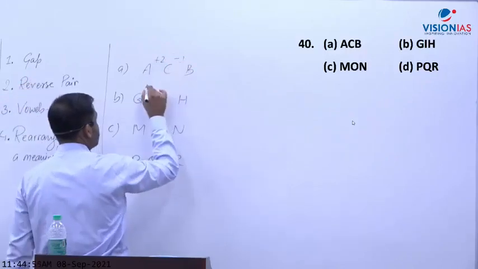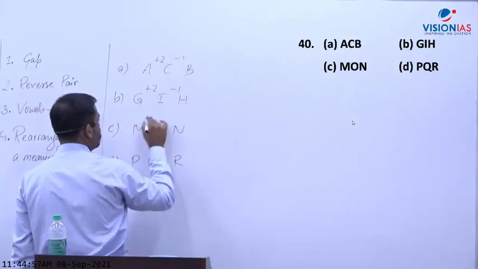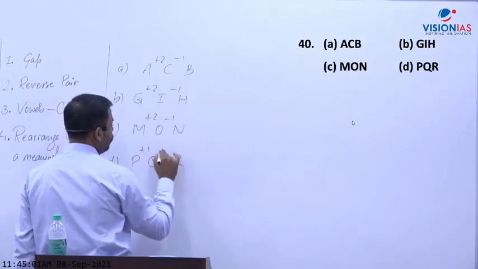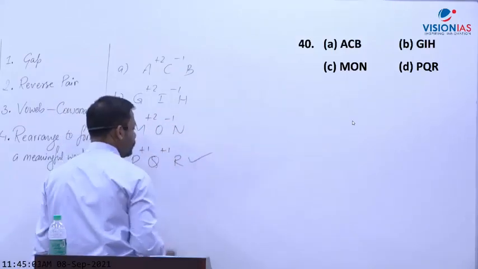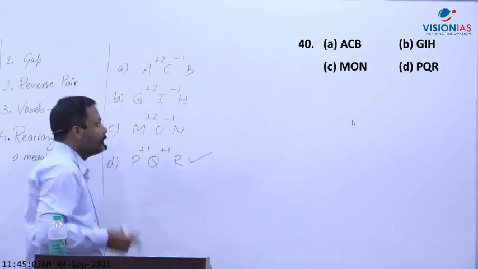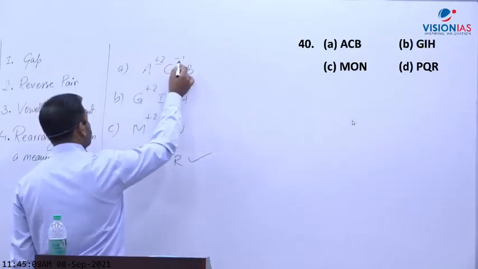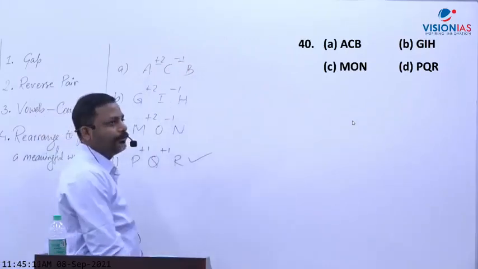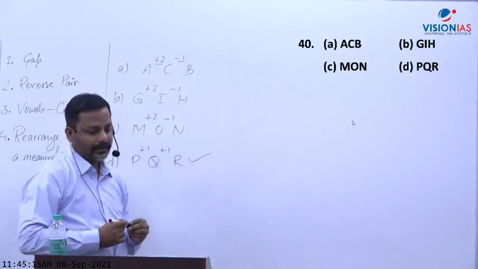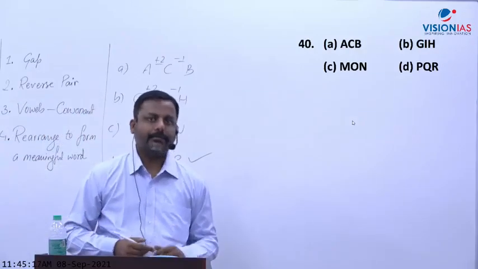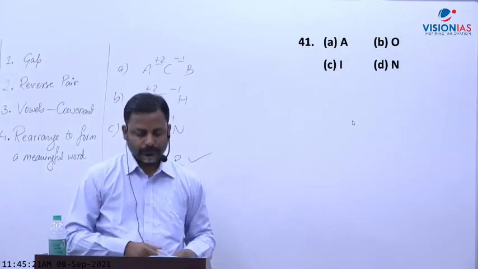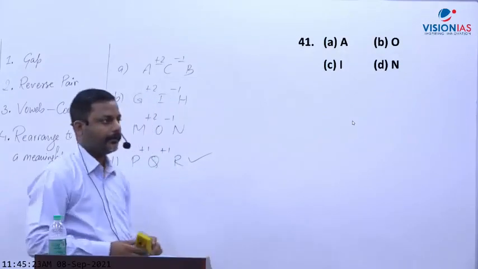So plus 2 minus 1, G plus 2 is I, minus 1 is H, M plus 2 is O, minus 1 is N, P plus 1 is Q, Q plus 1 is R. So that's why we will answer it as PQR. Yes. In the rest of the options, the difference is plus 2 minus 1, but here it is plus 1 and 1. That's why the answer is option D. Now, question number 41.